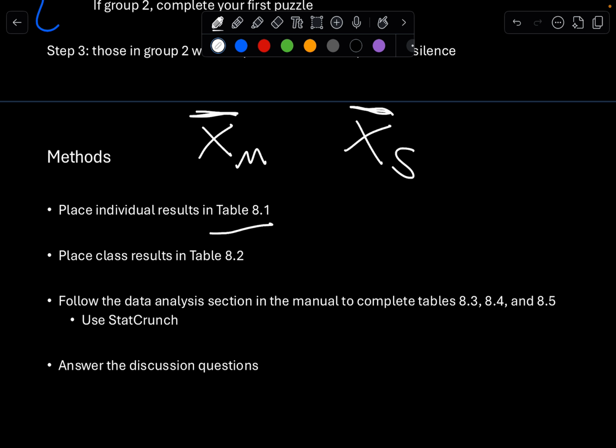So then you'll complete all the tables like usual. In this lab, you will be using StatCrunch to complete some tables. You're going to get confidence intervals, do hypothesis testing. We know how to do this. Now it's for 2 populations instead of just 1. Use your lecture recall in the lab manual if you need help.